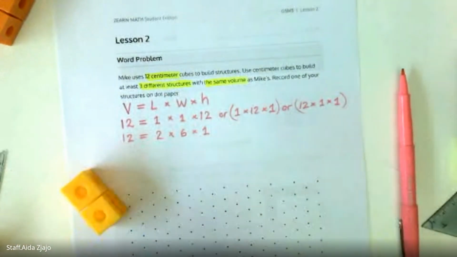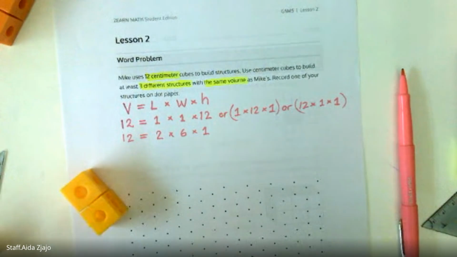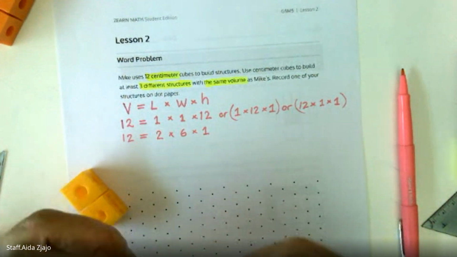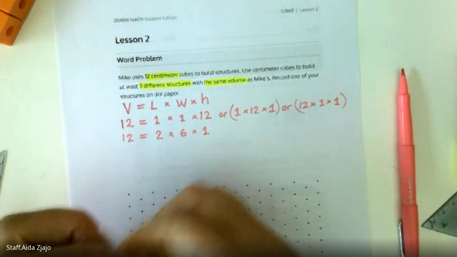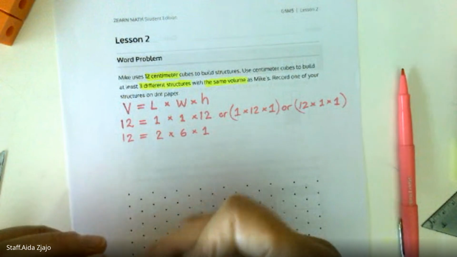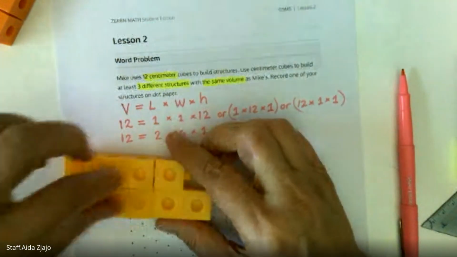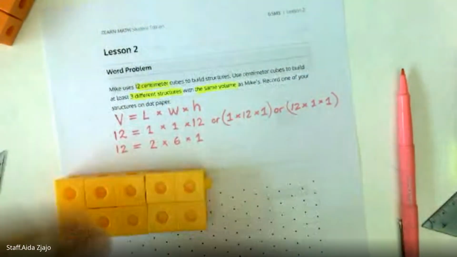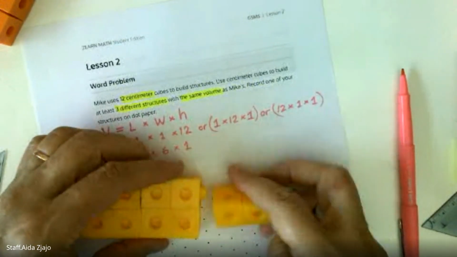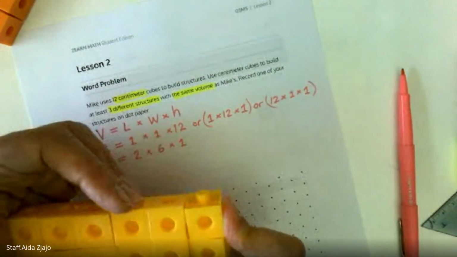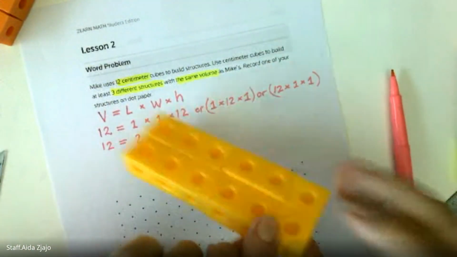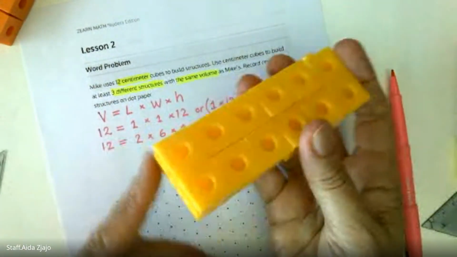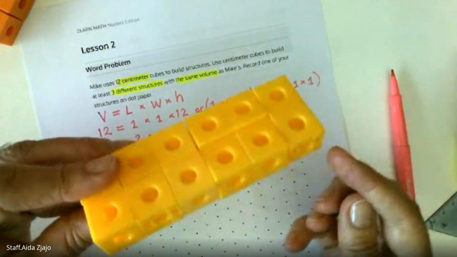Okay, so if I create 2 by 6, so 2, 4, 6, 8, 10, 12. Okay, so here you go. The 2 by 6 by 1.